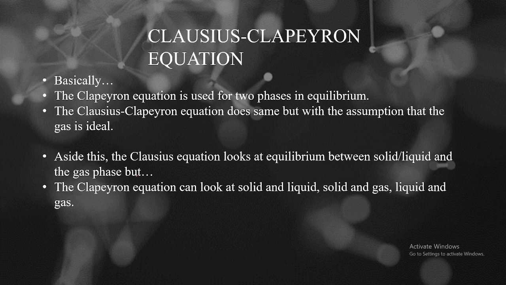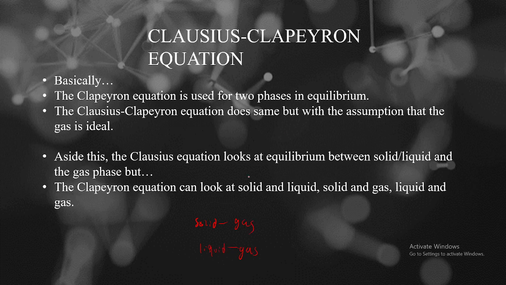Now, aside from this, the Clausius-Clapeyron equation can also consider equilibrium between solid, liquid, and the gas phase, right? So, like we're looking at maybe the transition from solid to liquid, or the transition from solid to gas, or the transition from liquid to gas.